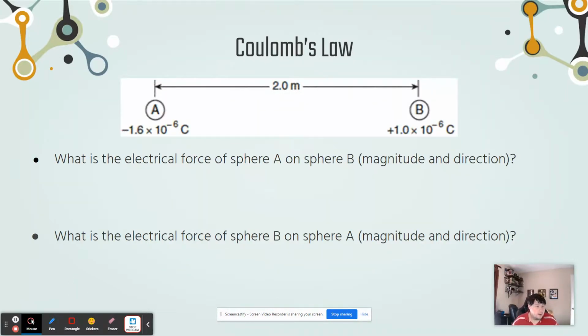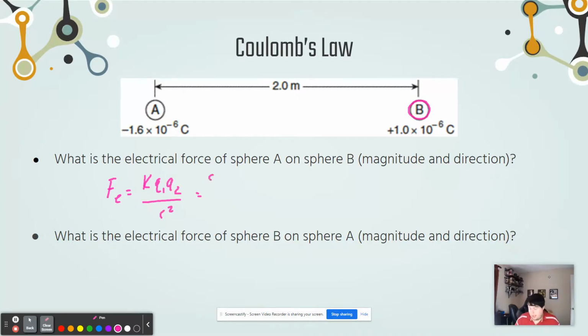It asks first, what is the electrical force of sphere A on sphere B? It wants both the magnitude and the direction. So for sphere A on sphere B, we're thinking, what's happening to sphere B because of sphere A? Coulomb's law is k Q1 Q2 over r squared.